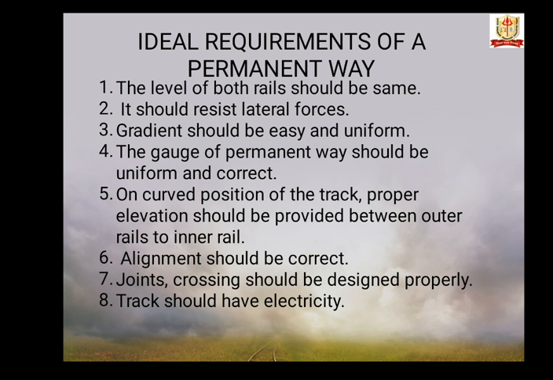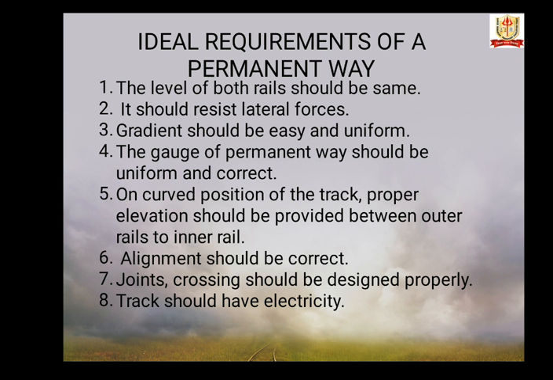Next is the ideal requirement of a permanent way. The level of both rails should be the same. It should resist lateral forces and have vertical stiffness. Gradient should be easy and uniform. The gauge of permanent way should be uniform and correct.